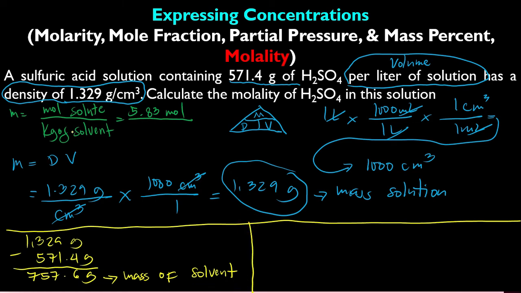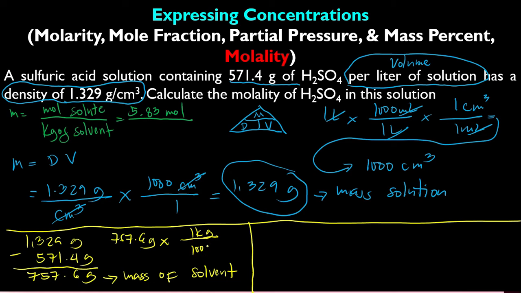Now, our formula is in kilograms, so we will convert this into kilograms. We take 757.6 grams multiplied by 1 kilogram per 1,000 grams.